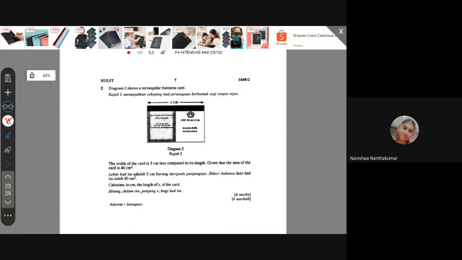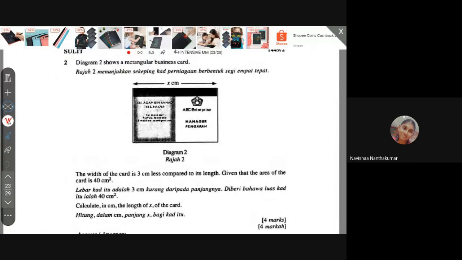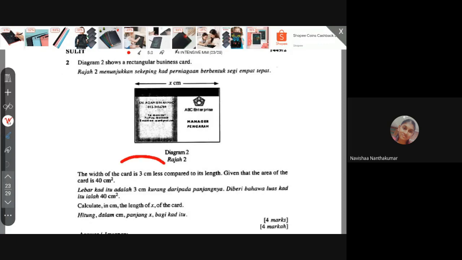Lagi quadratic. Okay, so they say width of cut is 3 cm less compared to the length. Ini adalah panjang cut kamu. Jadi apa ungkapan untuk lebar cut kamu? Can you tell me? What is the expression for the width? Based on the statement. Yes, very good.